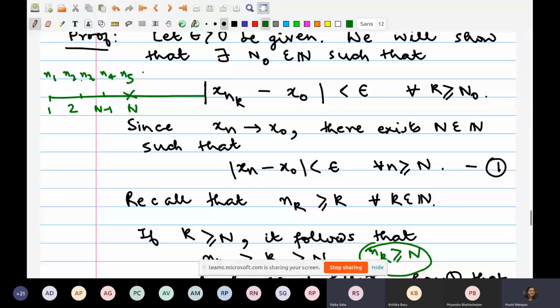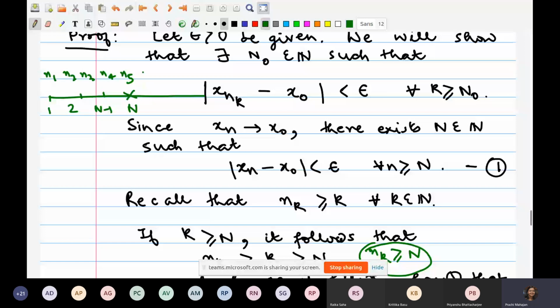I want to make sure that at some stage, the terms of the sequence xnk are in the epsilon neighborhood of the point x naught. At some stage, not for all of them. From some stage onwards, for all k bigger than n naught, isn't it?